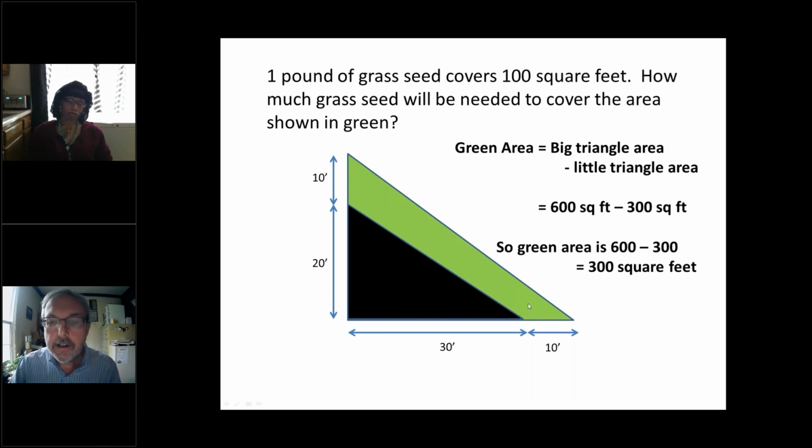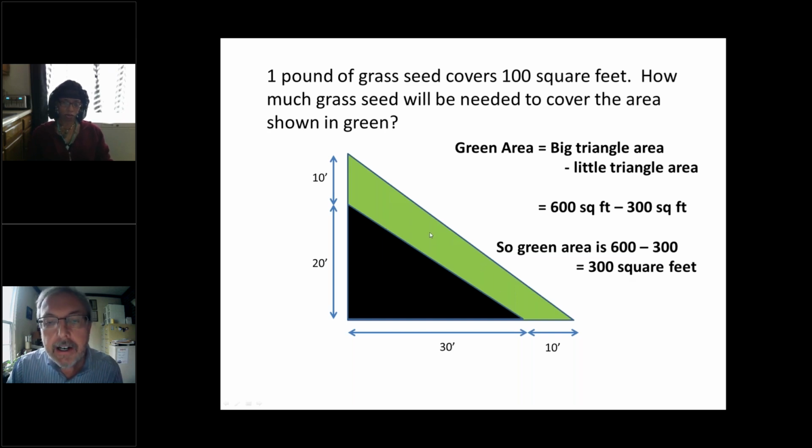So that's the entire shape, 600 square feet. And the little triangle, we said, was 300 square feet. So that means that we're left with 600 minus 300, or 300 square feet.